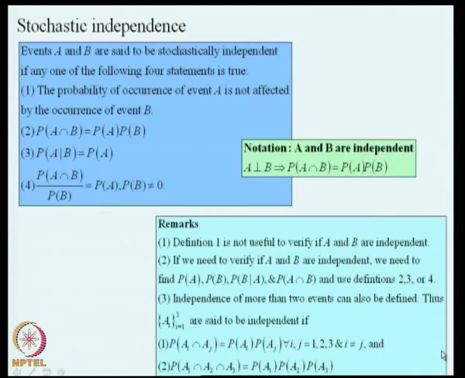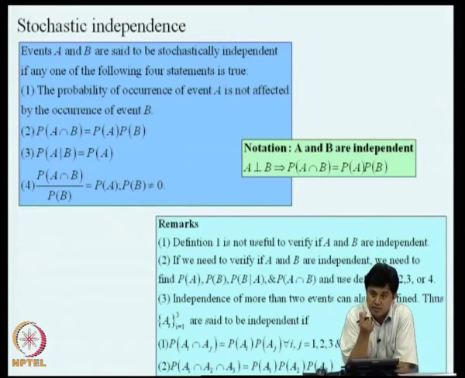Now, using the notion of conditional probability, we can introduce the notion of stochastic independence. The notion of stochastic independence tells us when we can multiply probabilities.